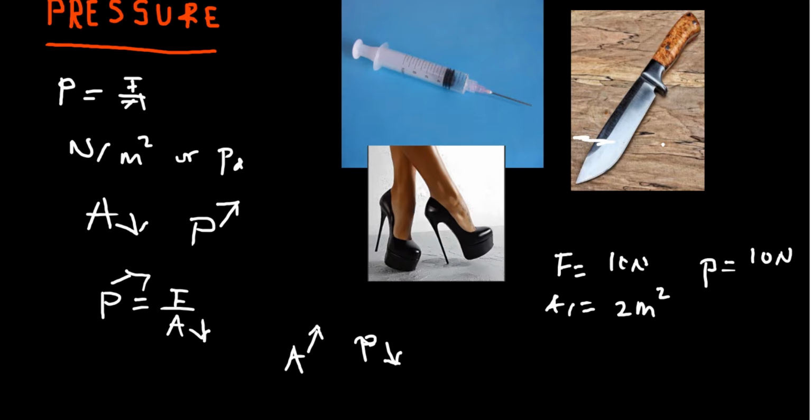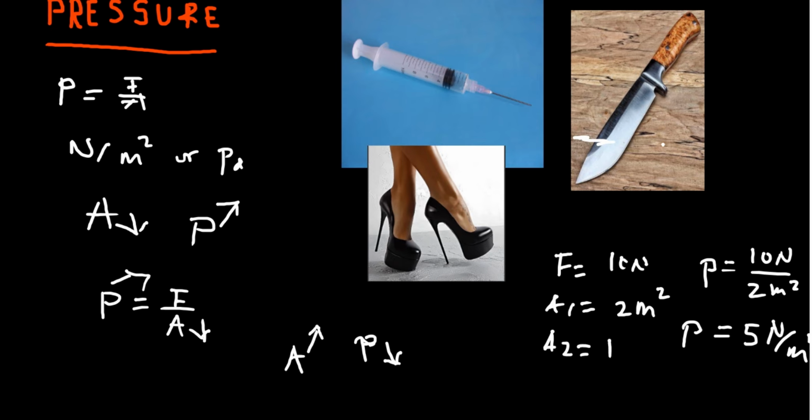This will produce a pressure P equal to 10 Newton over this 2 meter square. This will produce a pressure P of 5 Newton per meter square.